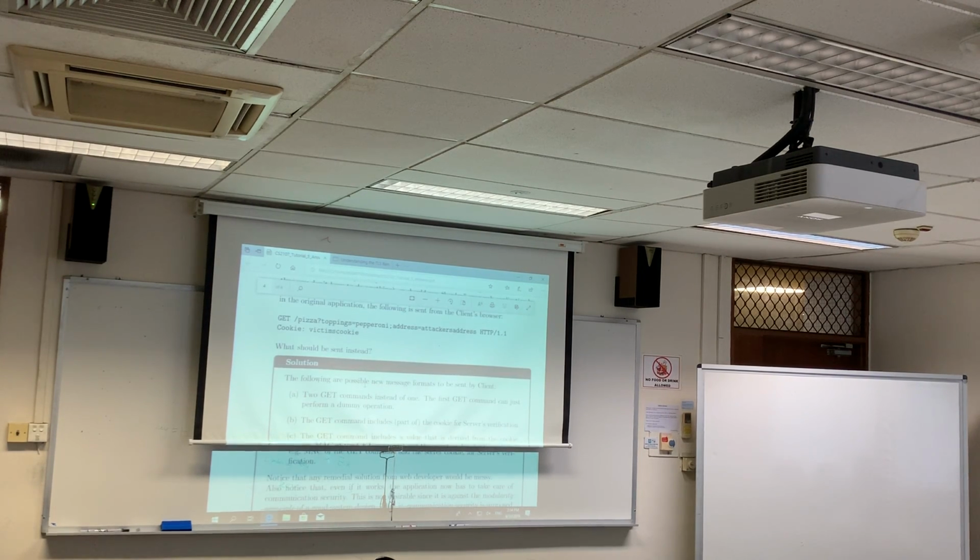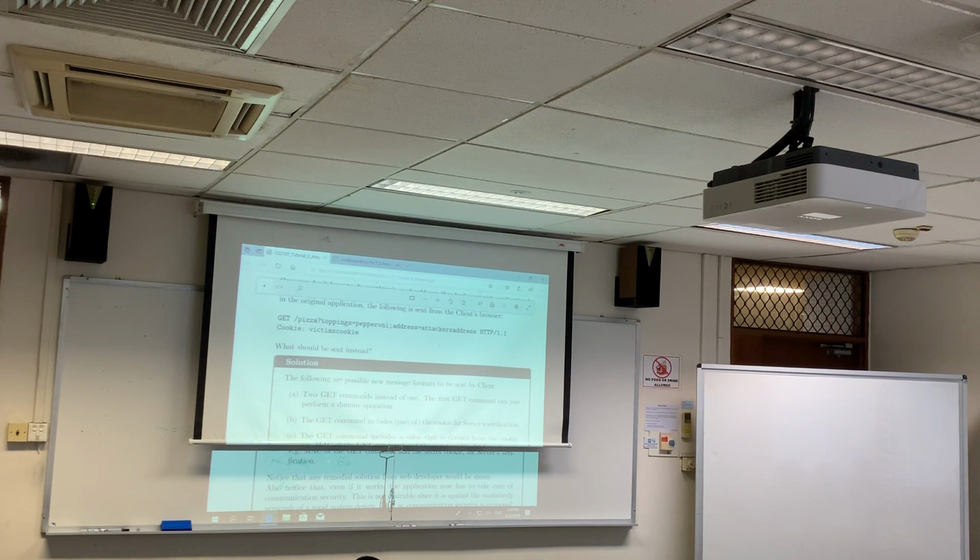So this question wants us to find some solutions that can prevent this vulnerability, this TLS renegotiation attack. So the first way is very simple. Just submit two get commands instead of one, and just consider the first get as a dummy one.